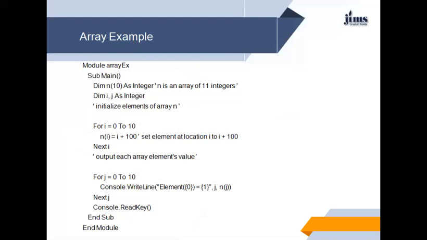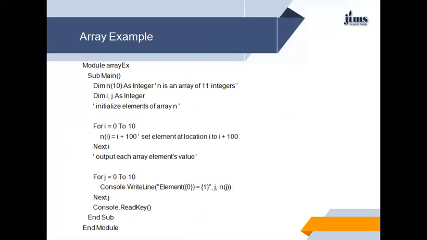In the Main, we are declaring the array variable Dim n(10) as Integer. Please note at this point that n is an array of 11 integers. Generally we think n(10) is an array of 10 elements, but here it is an array of 11 integers.